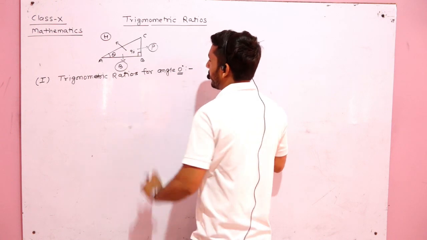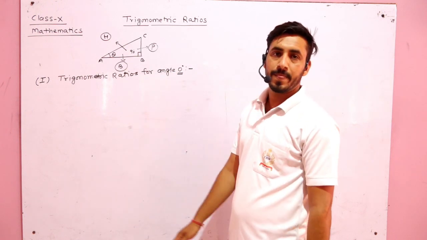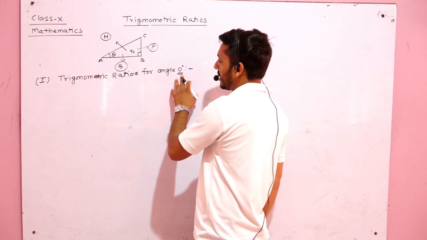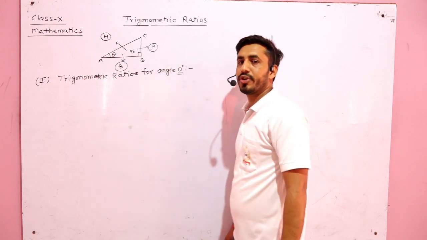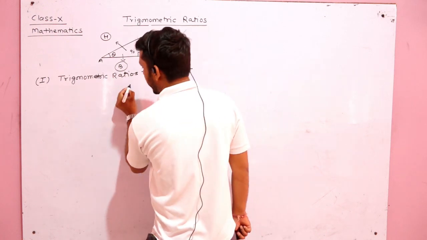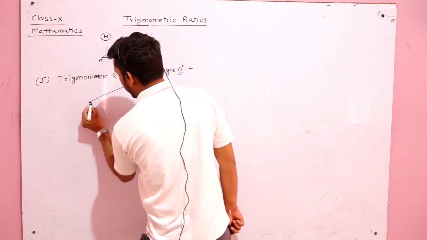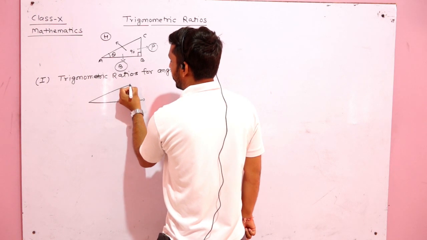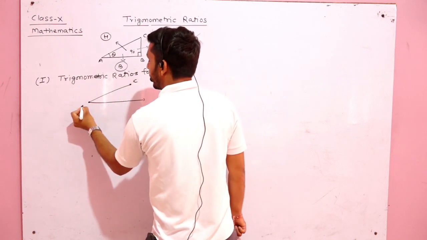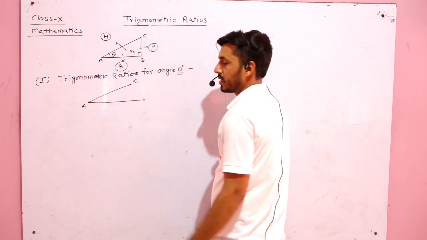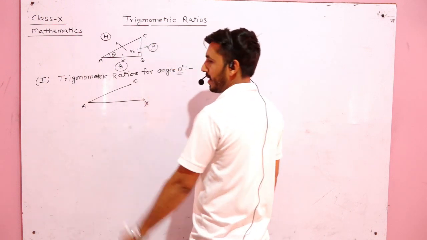First I am taking the value of theta as 0 degree. Then what can we get from this? 0 degree means if I prepare a diagram, and I take the point C here, this is the intersection point of both the lines, and this is the point X.